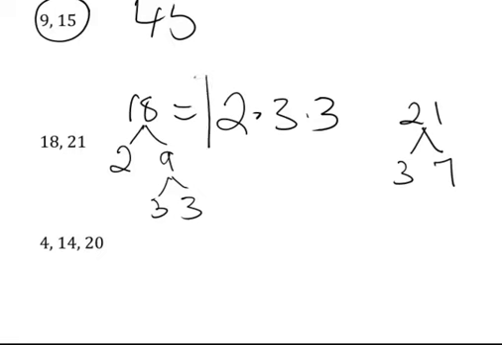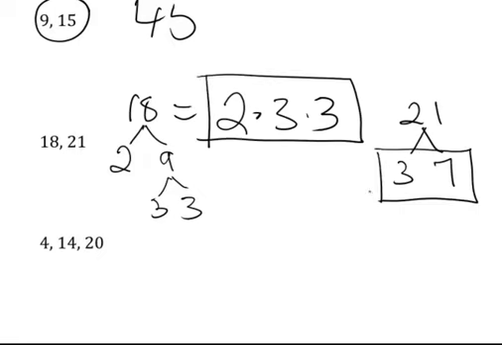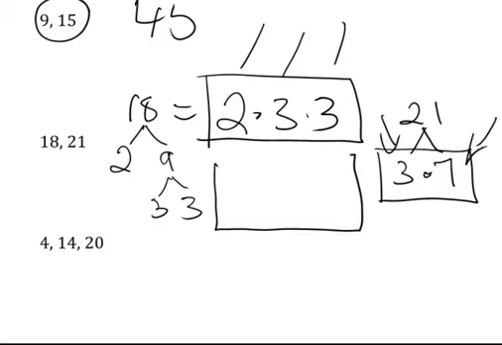So what I'm going to do now is look at these numbers here, and look at these numbers here. Every number that I see in my factored form, this number here and that number there, is going to have to be used. Now the question is, how many 2's do I need, how many 3's do I need, how many 7's do I need? So in this box right here, I'm going to write out my least common multiple.